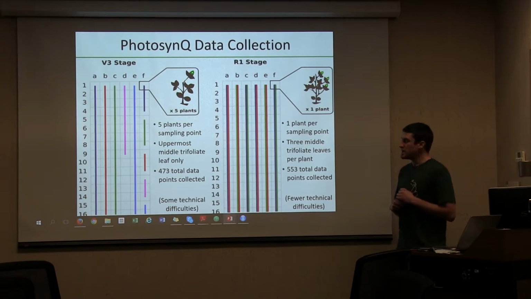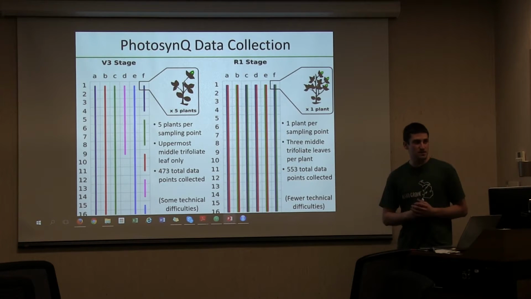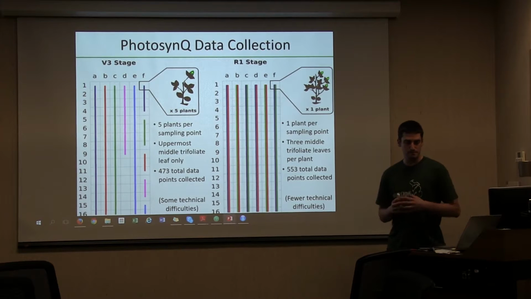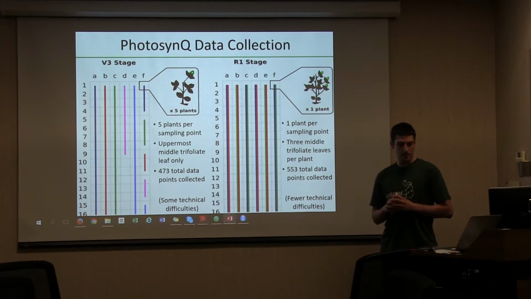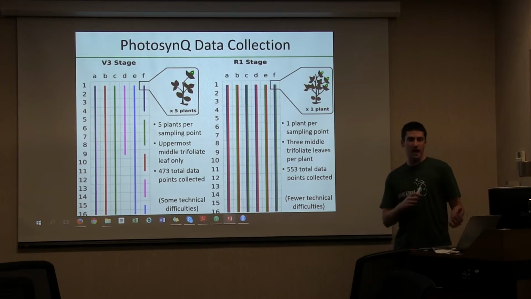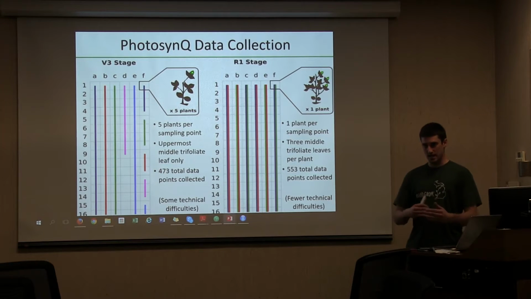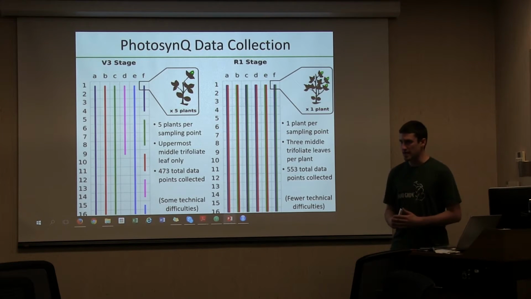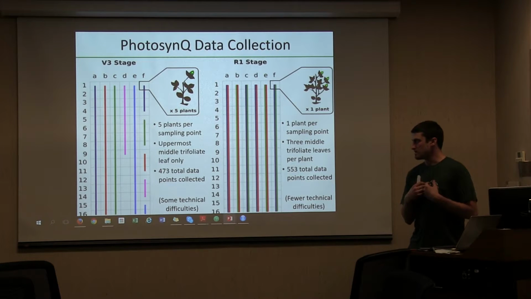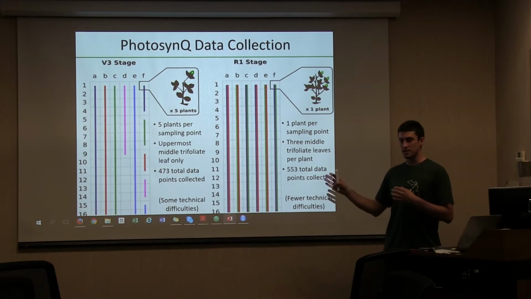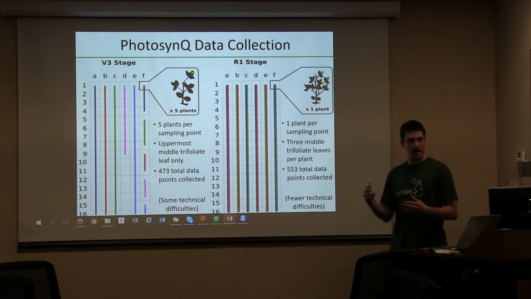Since it is a new technology, there were some technical difficulties figuring out exactly how the PhotosynQ crew should take the measurements and how many per plot. We had done this experiment without PhotosynQ the year before, so our methods were pretty set in stone, but they had some flexibility.